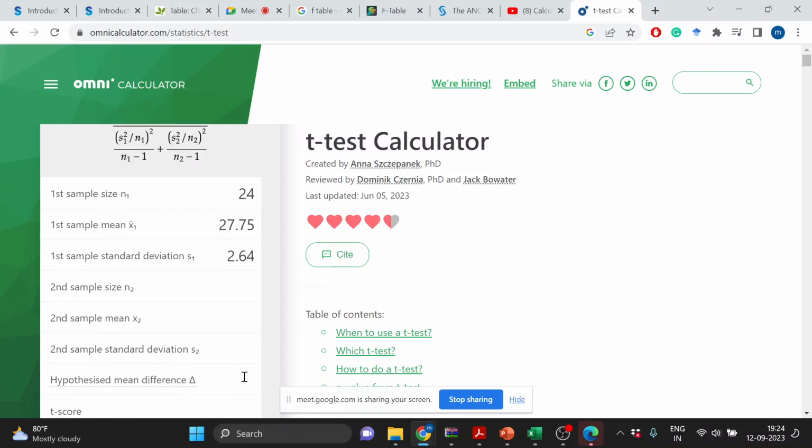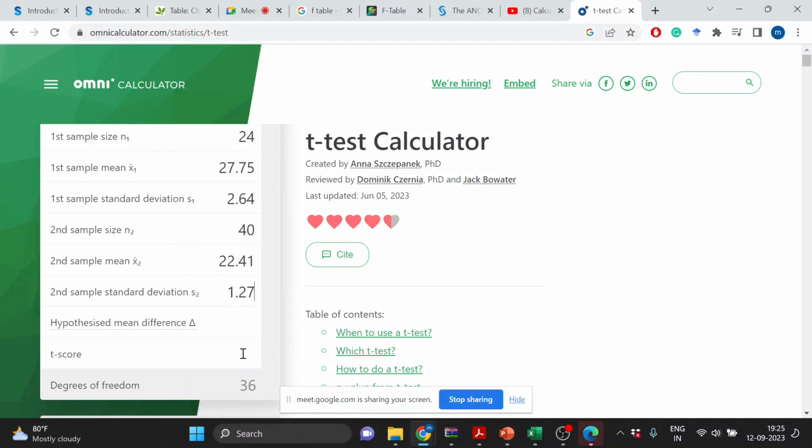And second sample size for the other sports? Multi-sport, 40, sir. So here, this cricket only will be one, no, sir? Okay. And what was the mean? 22.41. And the standard deviation? 1.27.